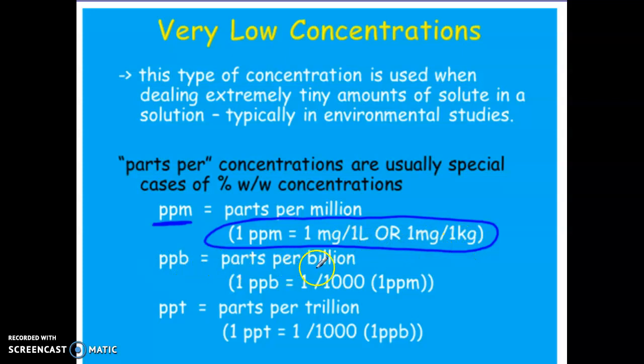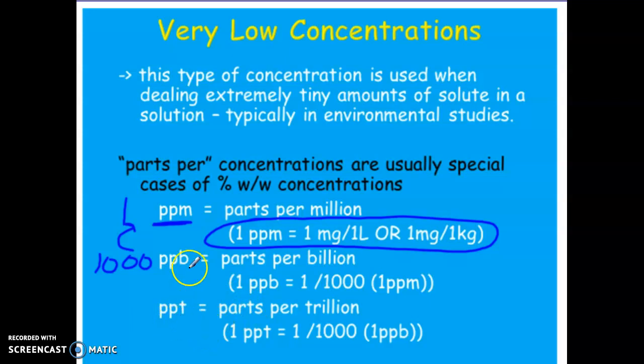A part per billion is essentially 1/1000th of a part per million. So basically it takes 1,000 parts per billion to equal 1 part per million. So essentially it's getting into an even smaller concentration. And then we have a term called parts per trillion that's even smaller than that.